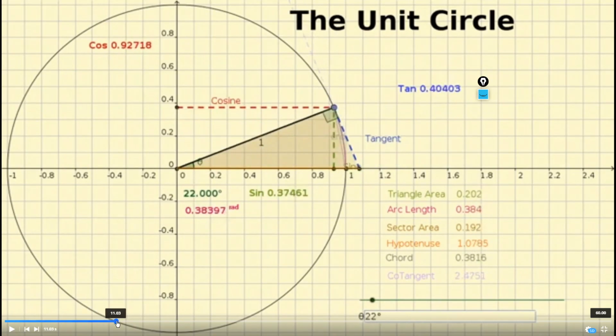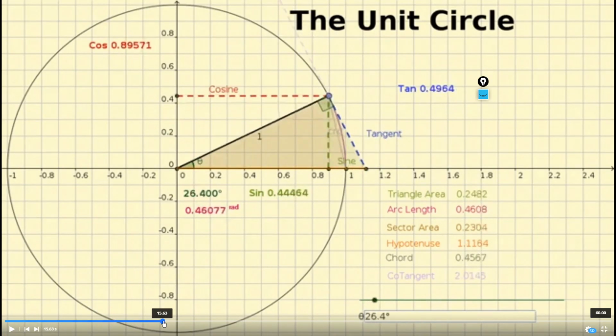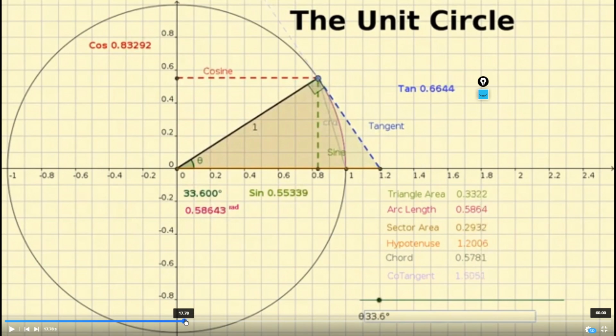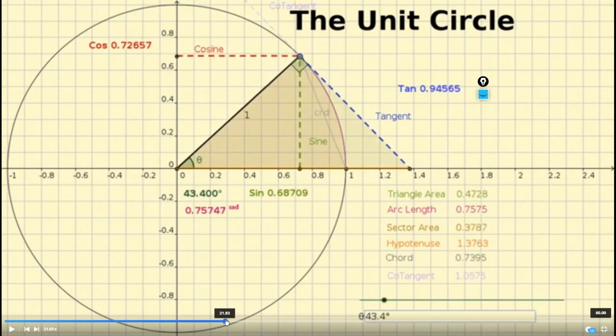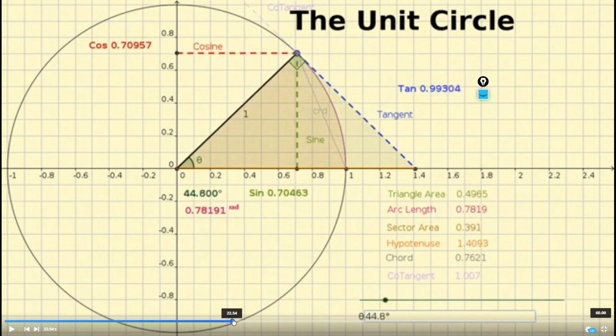So as y is getting bigger and x is getting smaller, there has to be a point at which they're equal, and that point is 45 degrees. So here we are, they're exactly equal. So what does that mean?